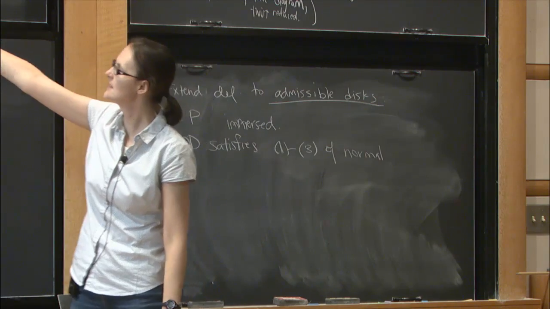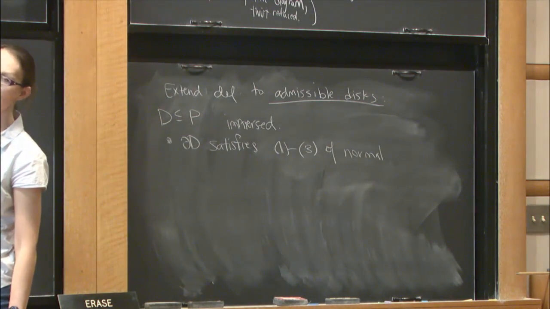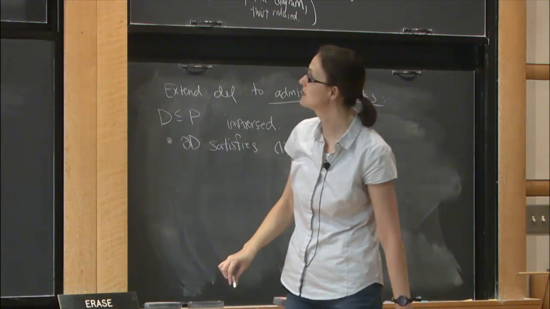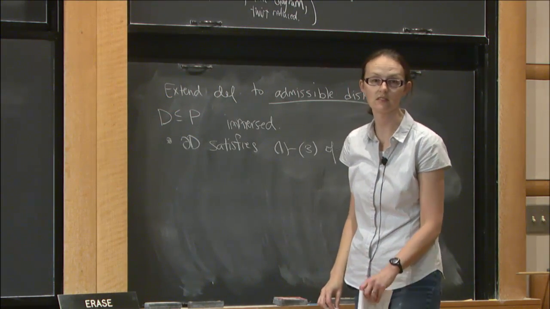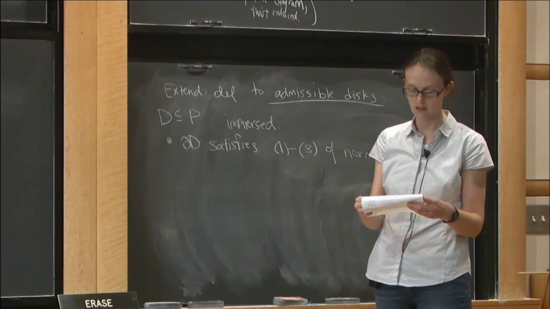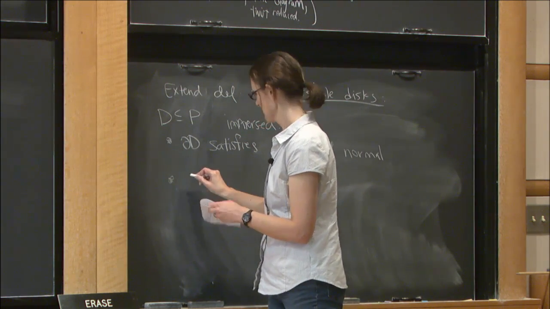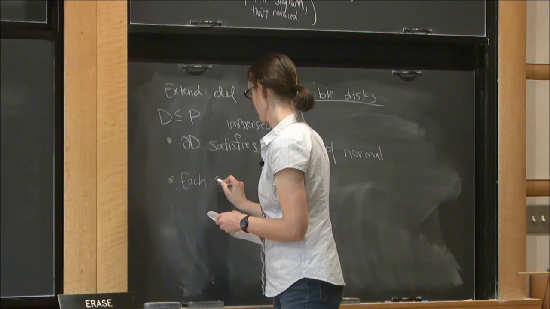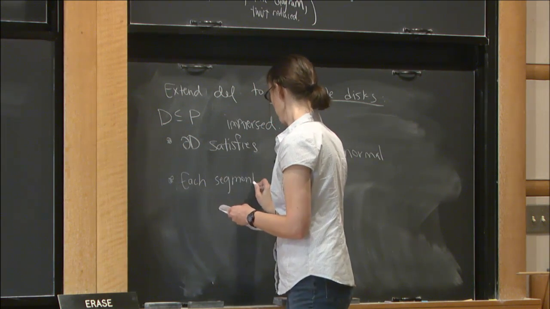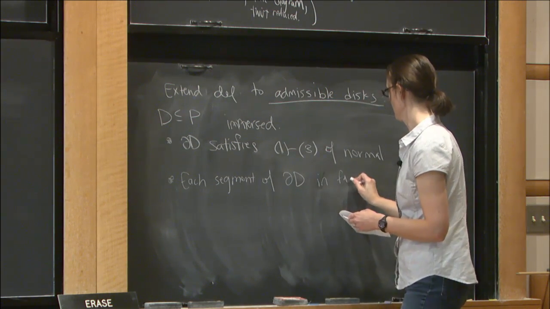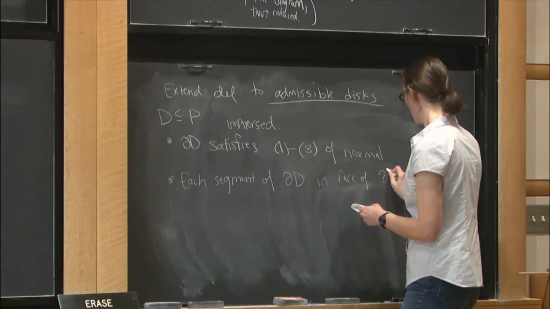Okay, so the boundary still is transverse to edges. It still doesn't lie in a single face, and arcs don't have endpoints on the same edge or interior edge and adjacent boundary edge. So this is still true. And also each segment in a face of the boundary of P is embedded.